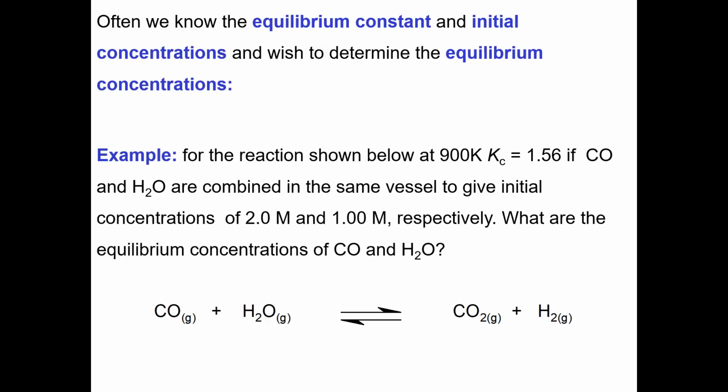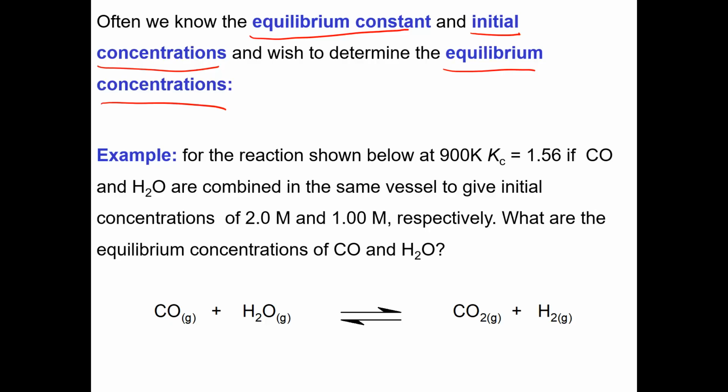Another kind of problem that we'll often see is that we're given the equilibrium constant and we're given the starting amounts of reactants, and we're asked to determine the equilibrium concentrations of our reactants and products. So let's have a look at an example like that. It says for the reaction shown below, at 900 K, Kc equals 1.56.